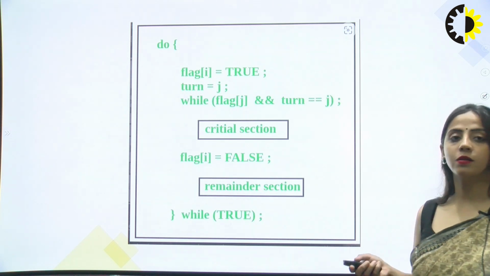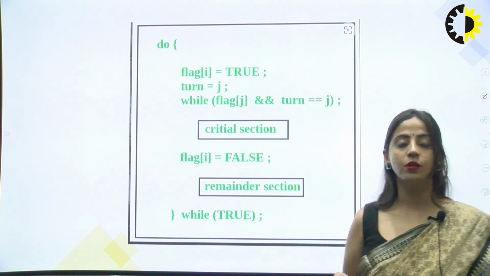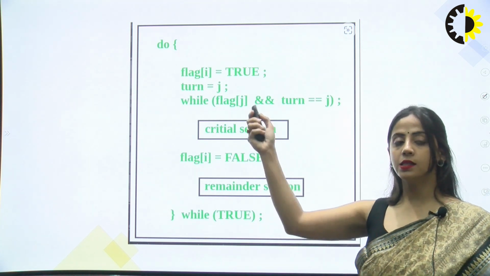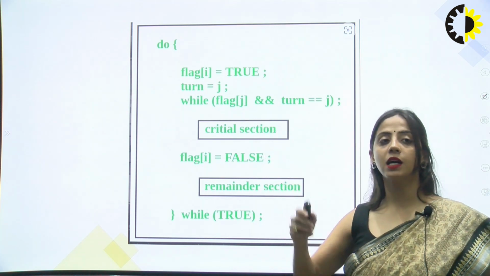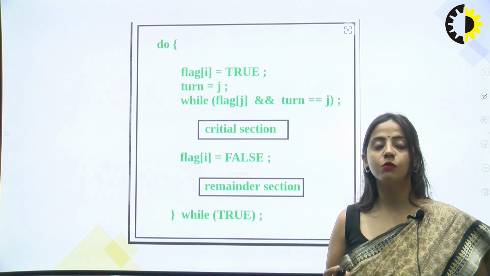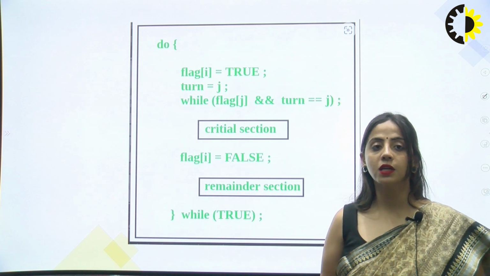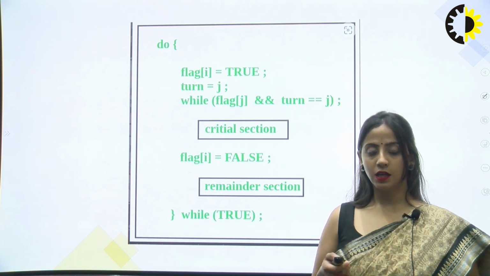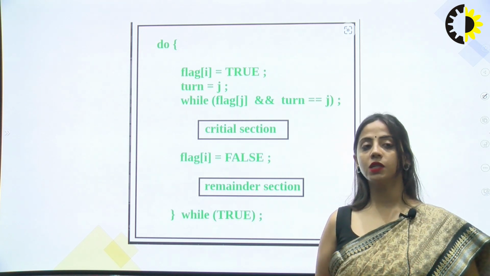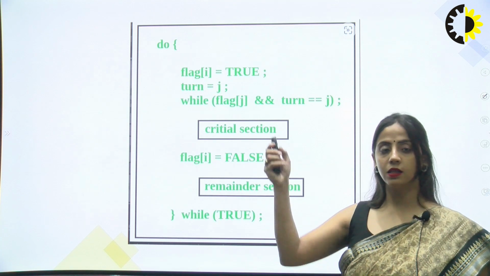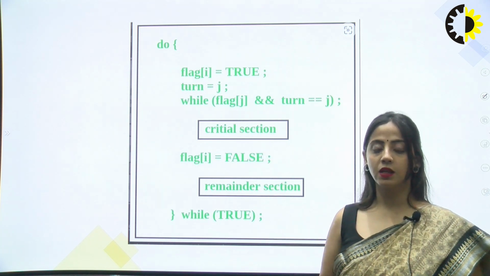Now this is your Peterson's solution. Let me break it down for you. This is your do while loop. Here flag[i] has been set to true. Turn has been set to j, which is an integer variable. While flag[j] and turn equals j, this loop will continue executing until this condition is false.